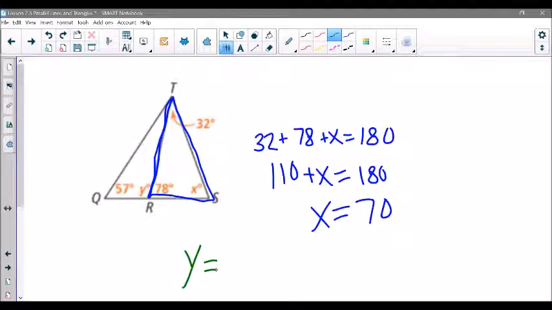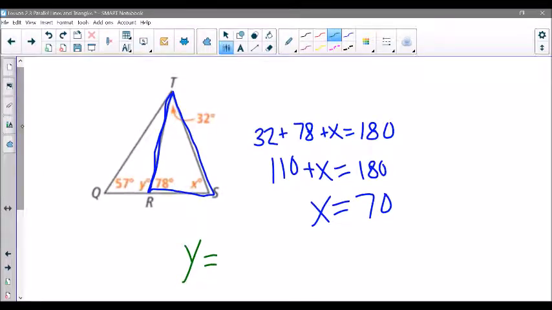I guess I can do it. All right, what are you thinking? I'm thinking you add 32 plus 57 plus y, and that equals 180.